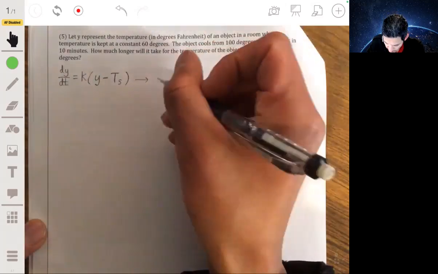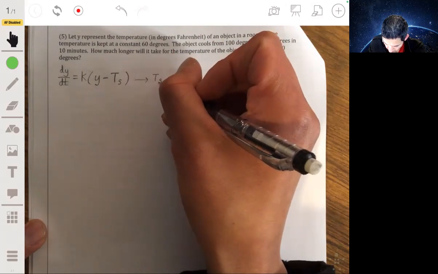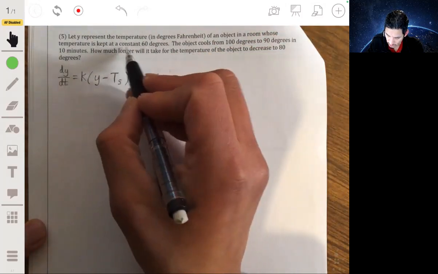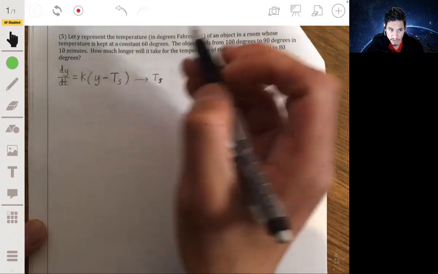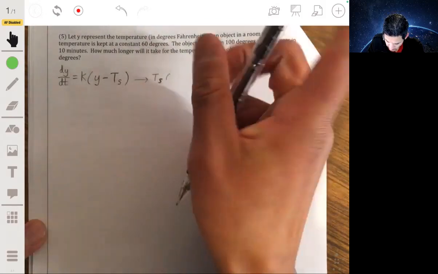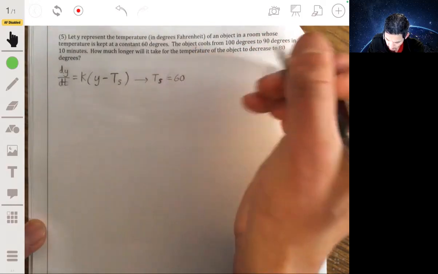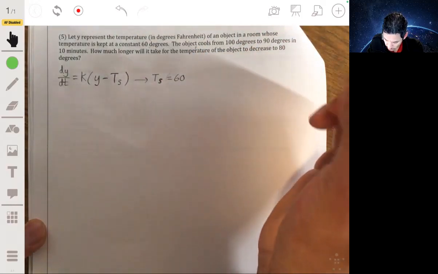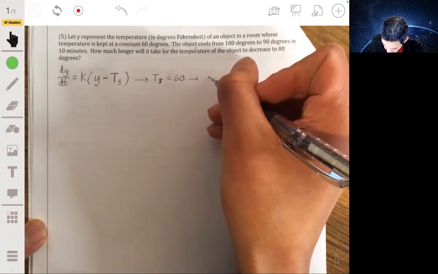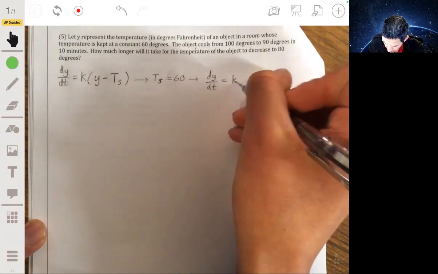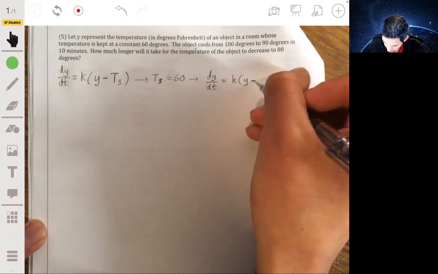But first, we're given that the temperature of the room is constant at 60 degrees, so T_s is 60. So we can rewrite our equation as dy/dt equals k times (y minus 60).